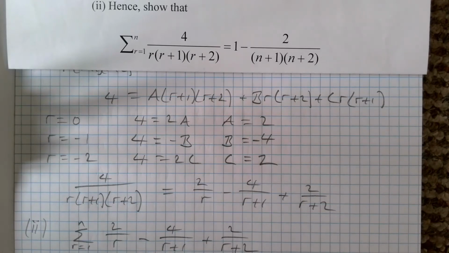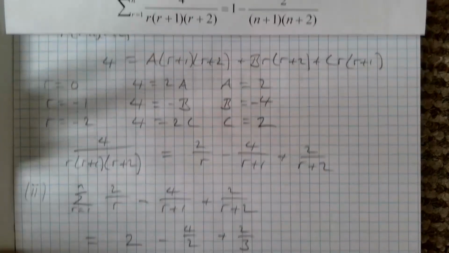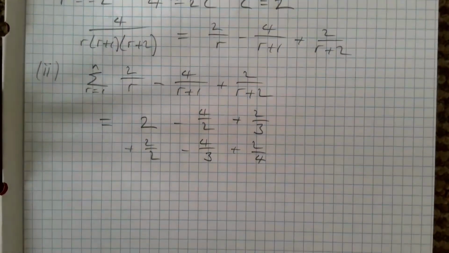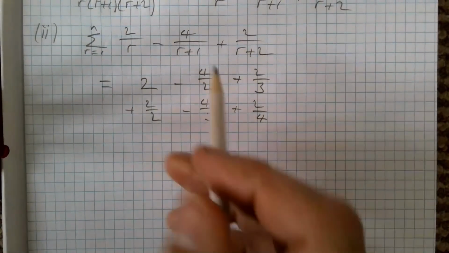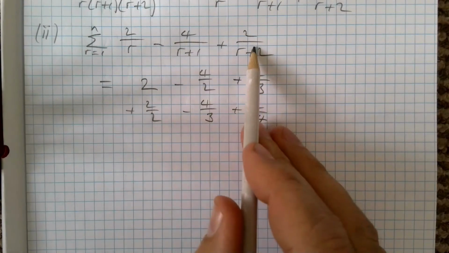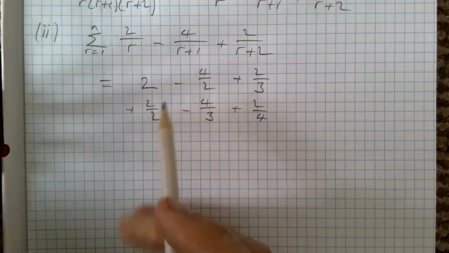If I put the number 2 into this, plus 2 over 2 minus 4 over 3 plus 2 over 4. If I put the number 3, sorry, you've lost me, haven't you? So what have I done here? I have subbed the number 1 in here for this. I've subbed the number 2 in here for this. And I'm now subbing the number 3 in.